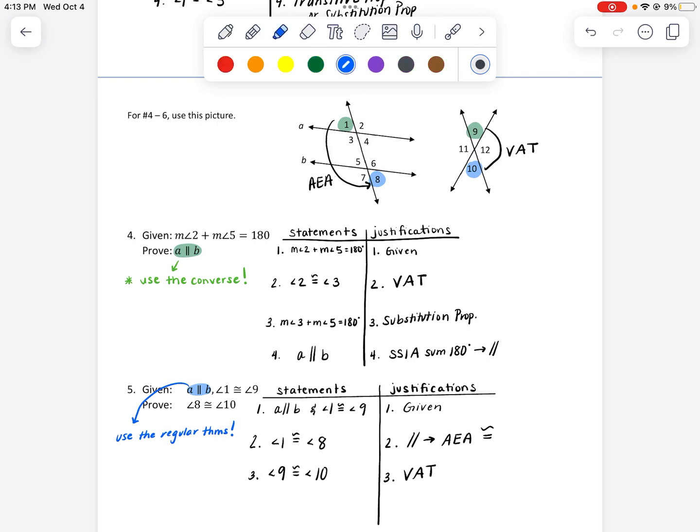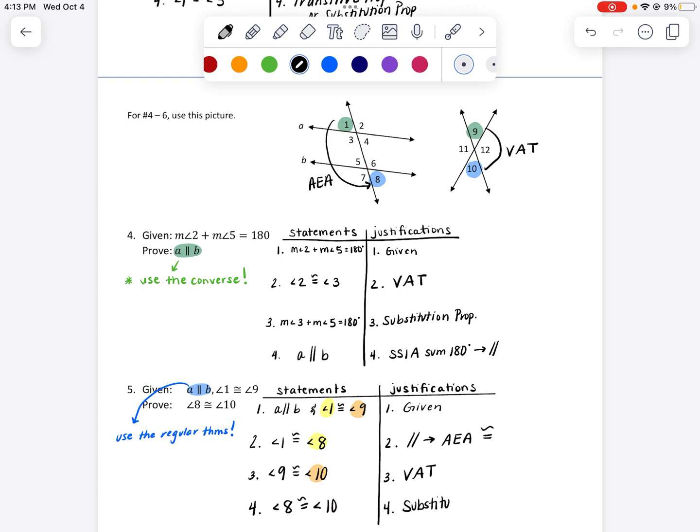So let me show you the substitution. 8 is equal to 1, so I can substitute it in. Then I can also substitute 9 is equal to 10. So when I do this substitution, I can say angle 8 is congruent to angle 10, and that was substitution.